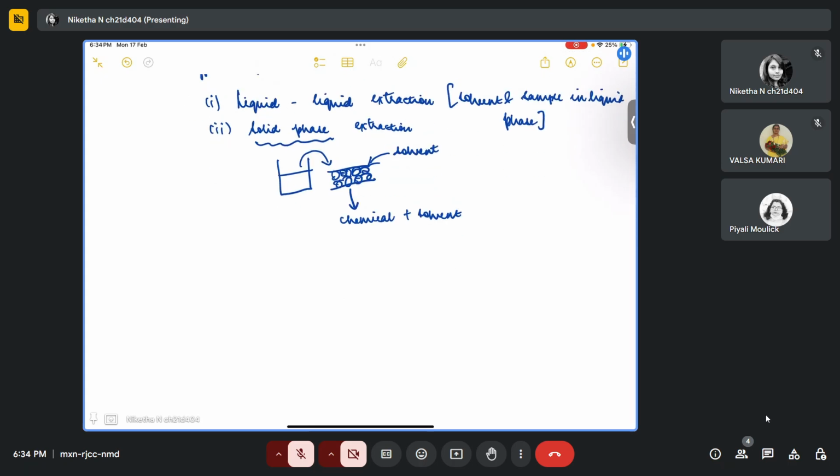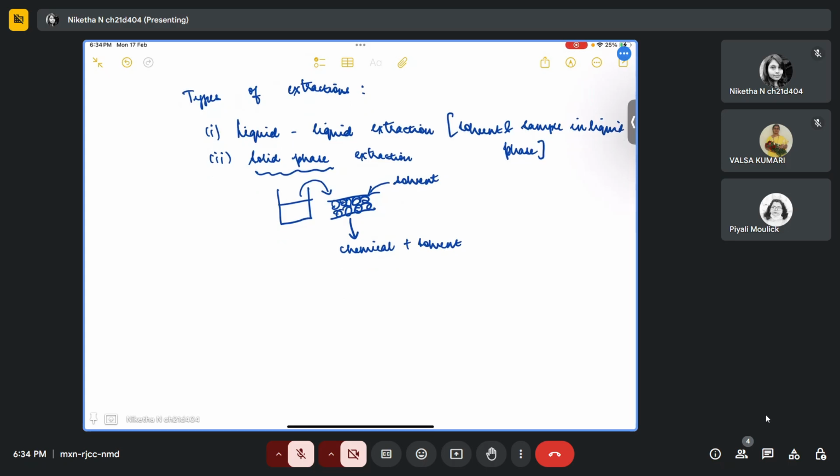And when it comes to extraction, we need to make sure that the efficiency of the extraction process is high. If it is low, then what will happen?